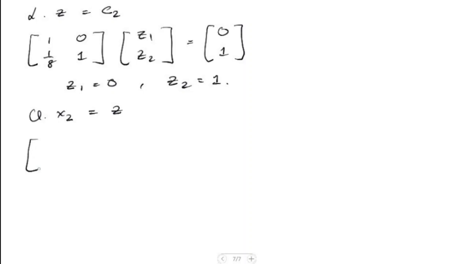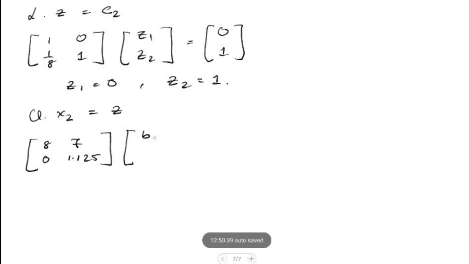So U is 8, 7, 0, 1.125, times b12 and b22 is equal to vector z, where z1 is 0 and z2 is 1.